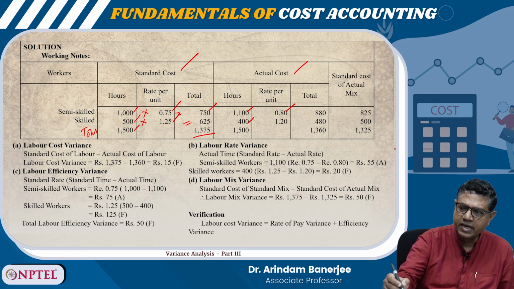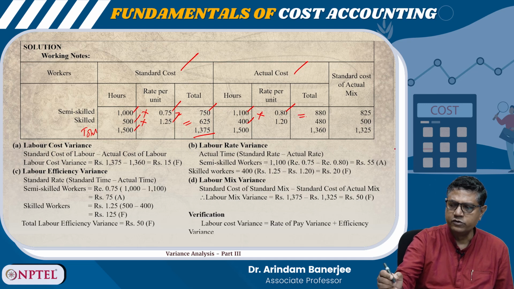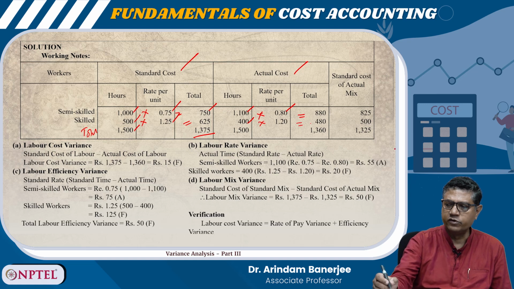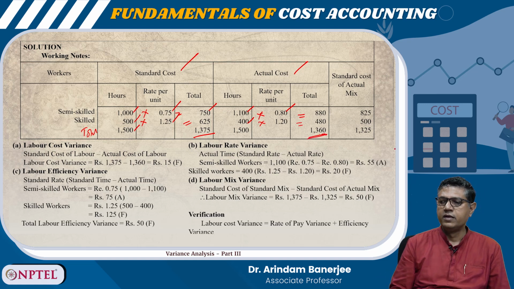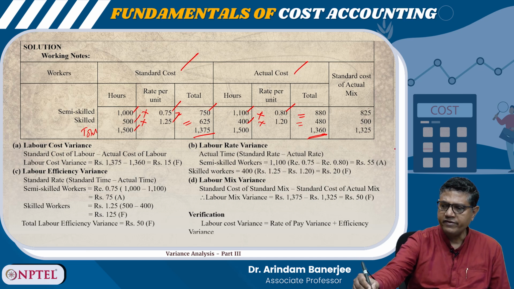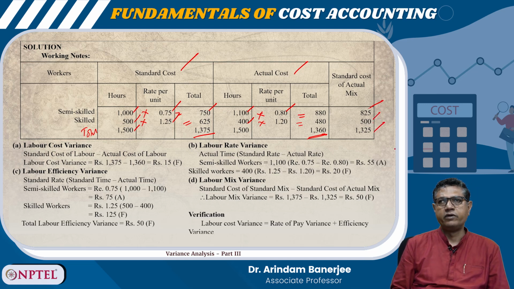If you multiply this, you should get the total. So this is the total amount. So standard cost of actual mix, it is 825 and 500, and total is 1325. Now we can calculate the labor cost variance.